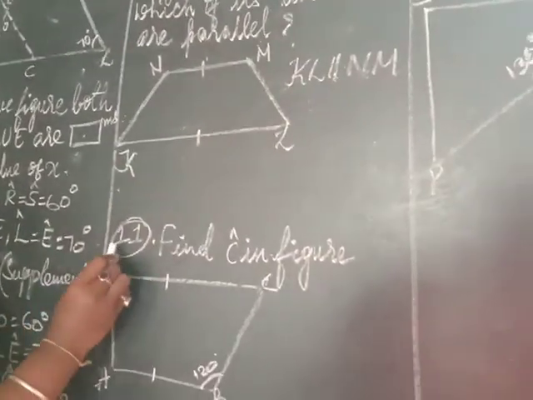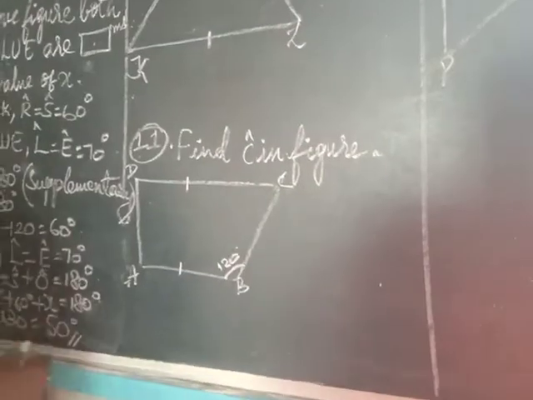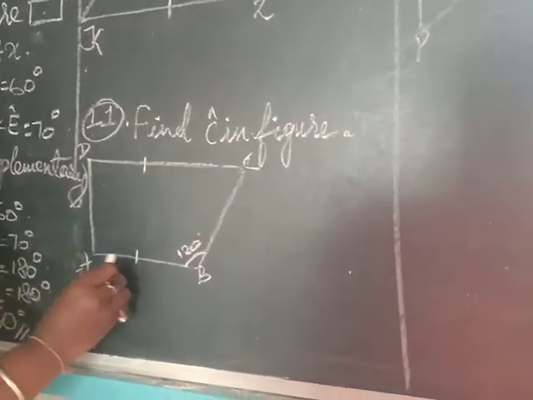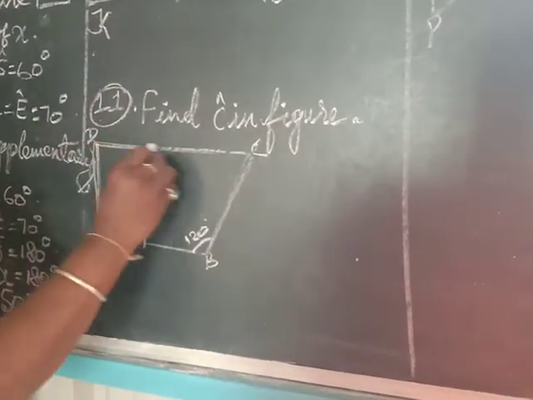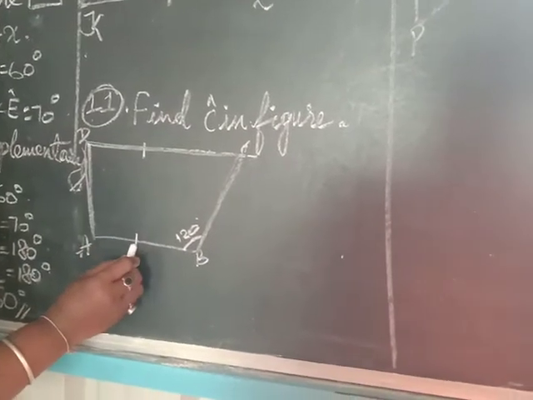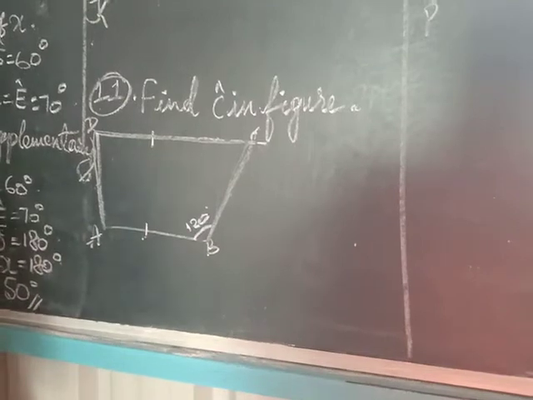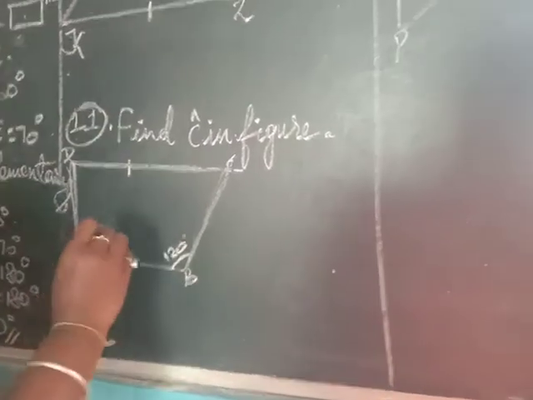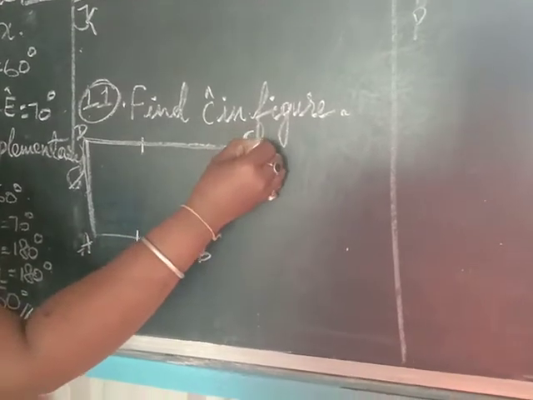The next is the 11th problem. Find C in the figure. What type of figure is this? This is a trapezium, yes or no, children? Since we have one pair of parallel lines and the other two lines are non-parallel. So how do we find the value of angle C?